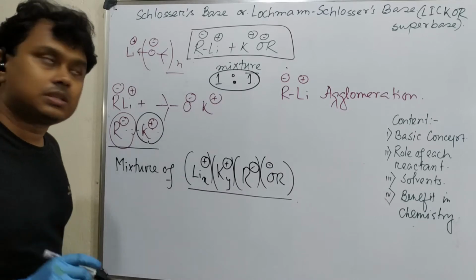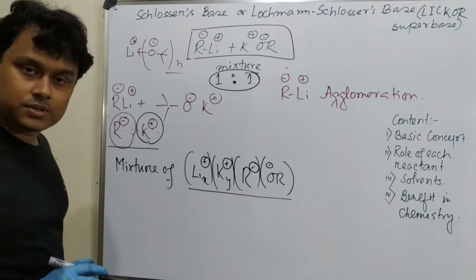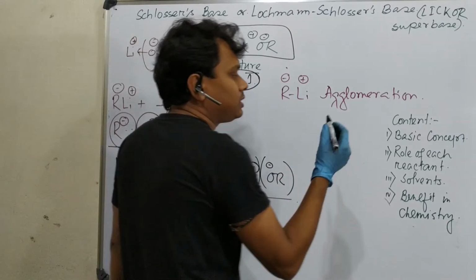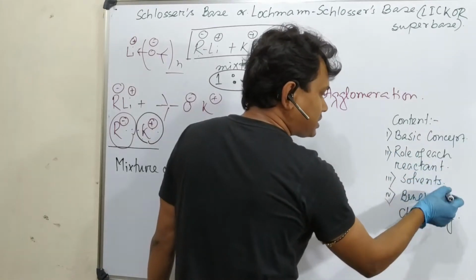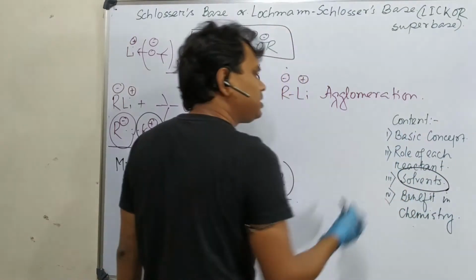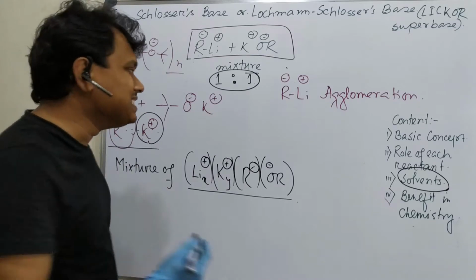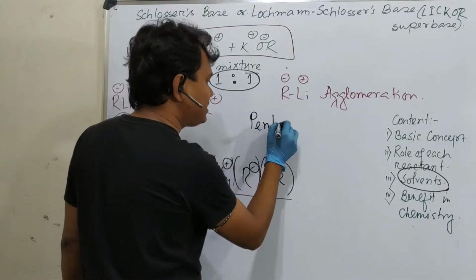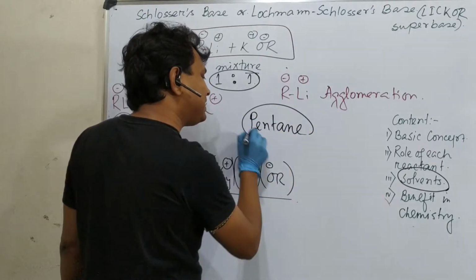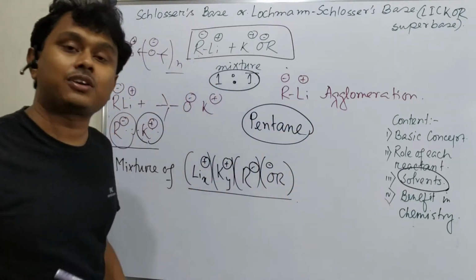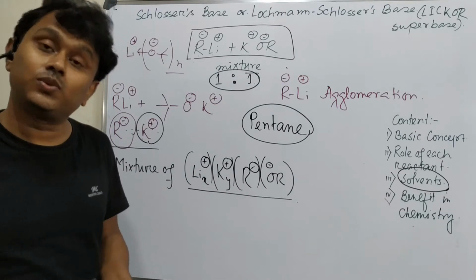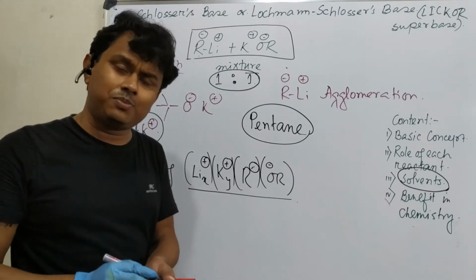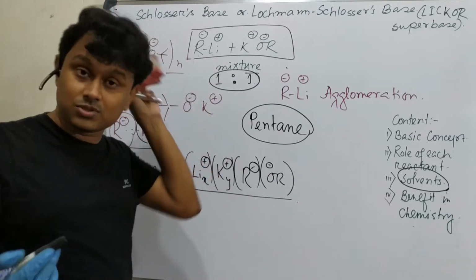Now, a question about the solvent. Generally such work is done in inert solvents like hexane, pentane. Why? As I told, they are reactive enough to react with aromatic molecules like benzene, and if they can react with benzene, it is expected they will react with other aromatics also.